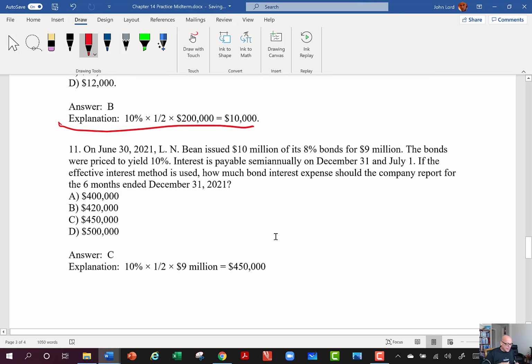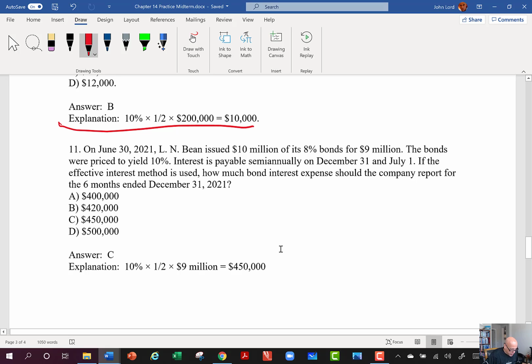And you would add that to the cash interest to figure out the interest expense. To get the interest expense, you simply multiply the carrying amount of the bond times the effective interest rate. But to get the amortization of the premium, you're going to compare whatever that number yields versus the cash interest, which stays the same throughout the contract of the bond.